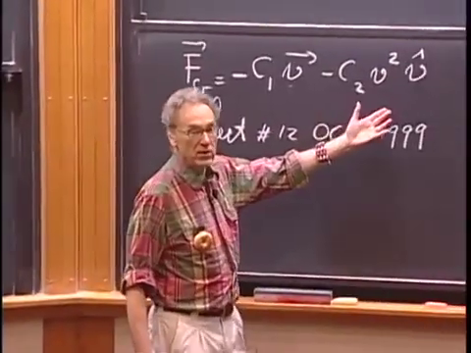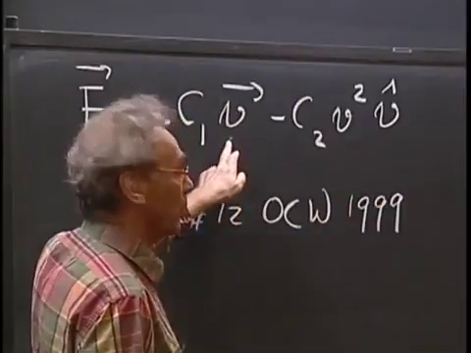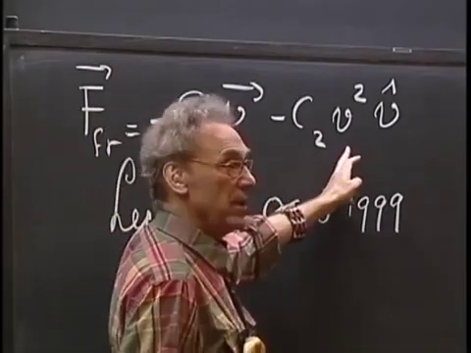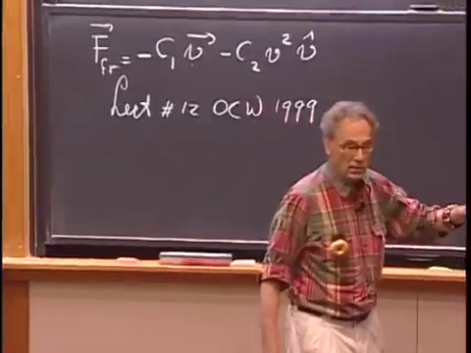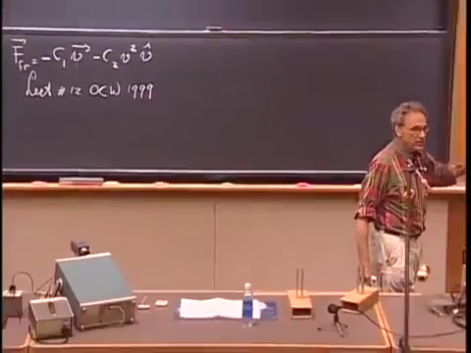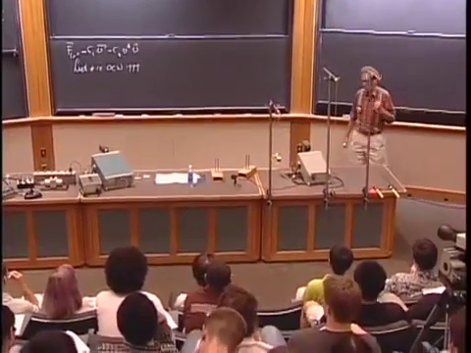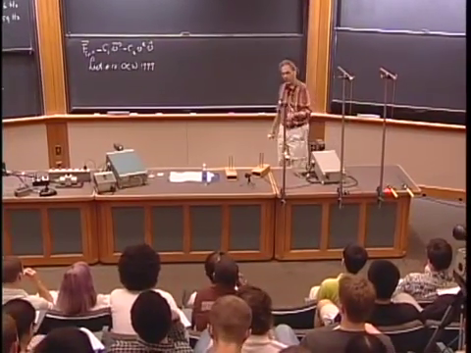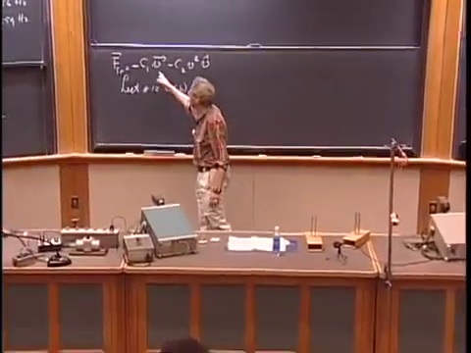I do demonstrations in both domains. If the velocity is low, this term dominates. If the velocity is high, if the speed is high, that term dominates. When you drive your car 10, 20 miles an hour, it is the V squared term that dominates, the air drag that slows you down. A raindrop that falls, it's the V square term that dominates, not this one.